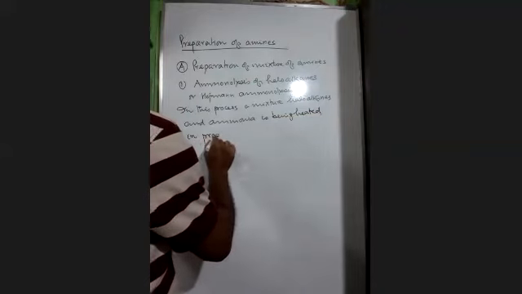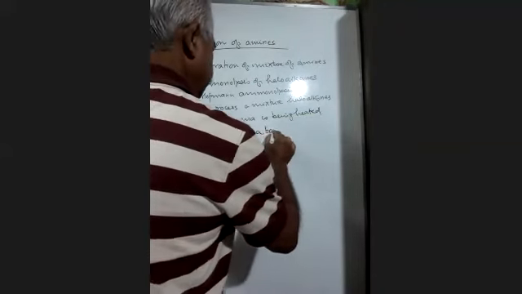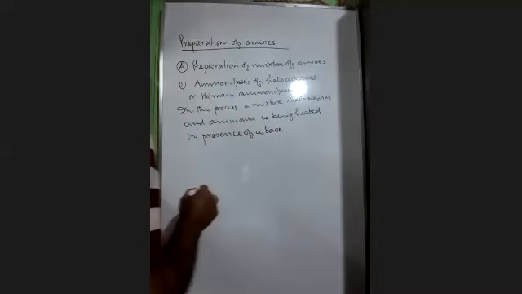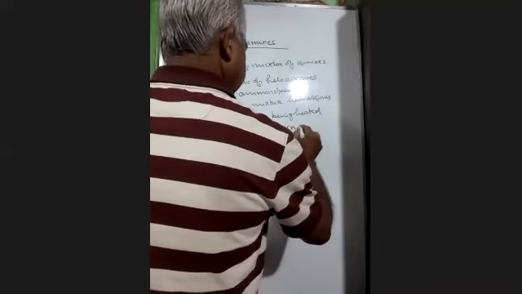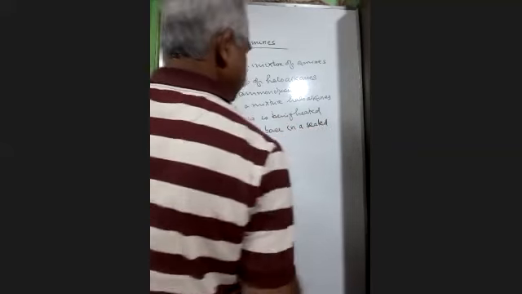in presence of a base in a sealed tube. Why do you use a sealed tube? Otherwise ammonia vapor will go out.